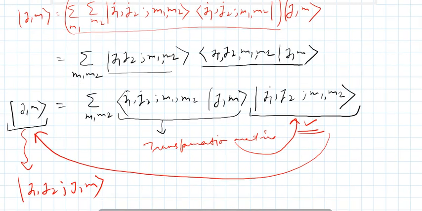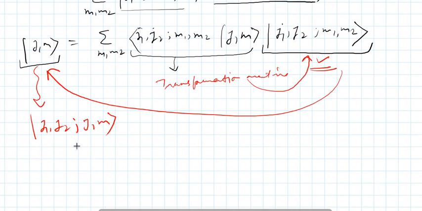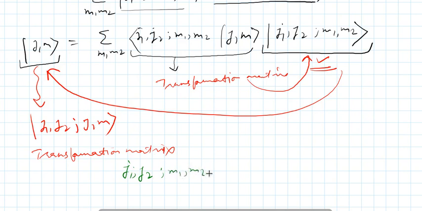Also, another thing: this transformation matrix <j1, j2, m1, m2|j, m> is a unitary matrix, right?